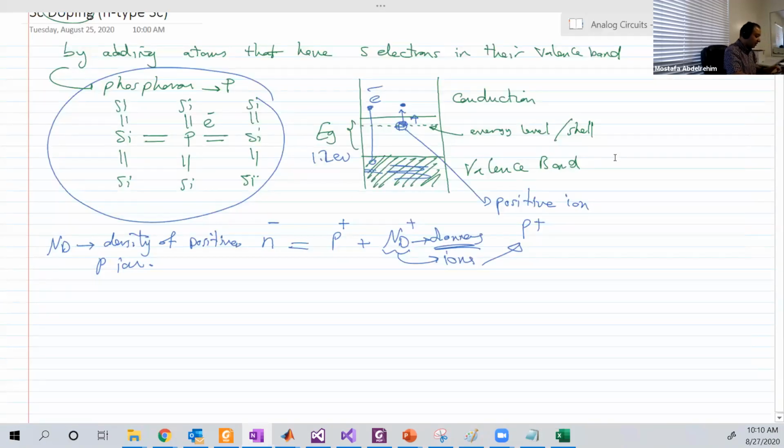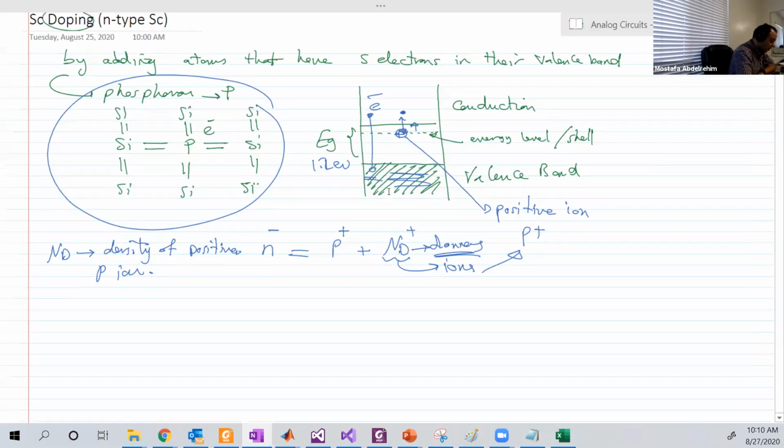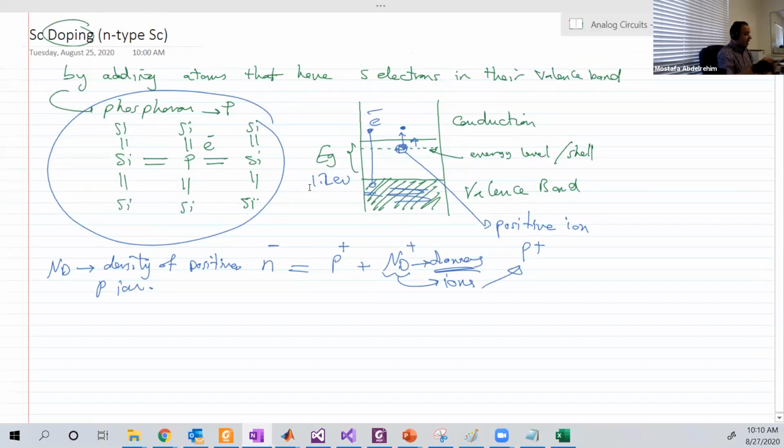So we said that this is the last thing that we took last lecture. If we add impurities, atoms other than silicon, for example, like phosphorus, that has 5 electrons in its valence shell, the last shell of the atom, phosphorus will do something like this here.